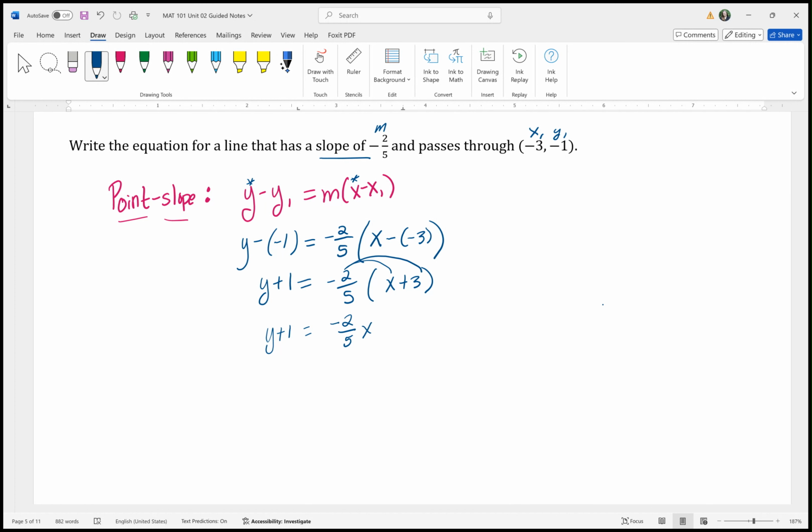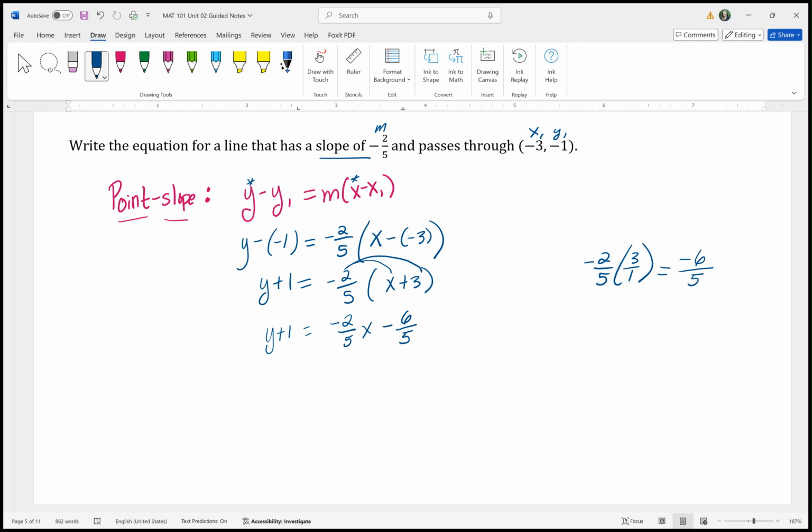I'm going to go over to the side and show you real quick. -2/5 times 3, think of this as 3/1, and your rule for multiplying fractions is to multiply straight across the top and straight across the bottom. Assume the negative is on top. So -2 times 3 is -6 over 5 times 1 is 5. So this would be -6/5. That's pretty easy to do without a calculator, okay?